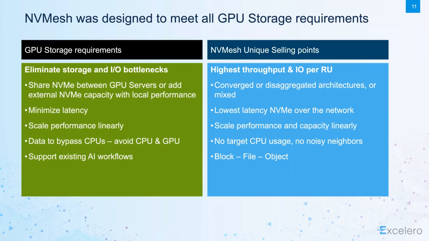And then on the right side, you can see how with our unique selling points, which if you've been following us longer, these have been the unique selling points that we've been promoting from the start. Those are actually answering one-on-one exactly to the requirements of GPU storage.